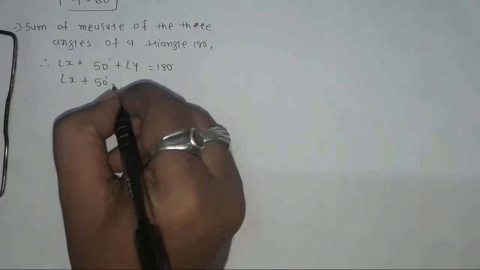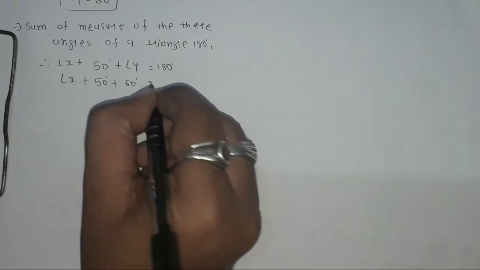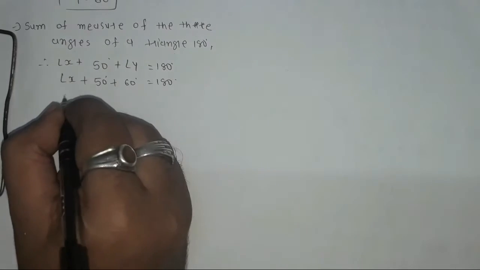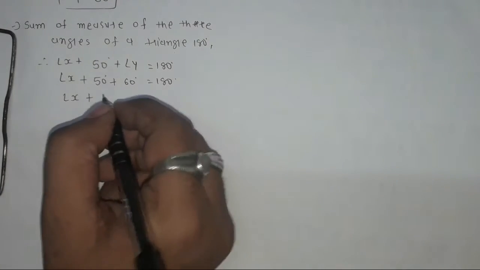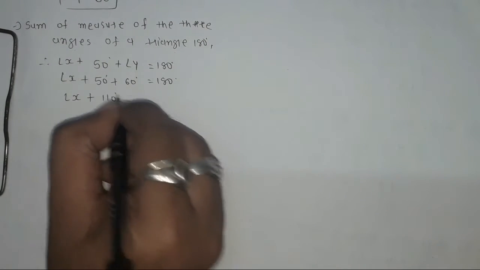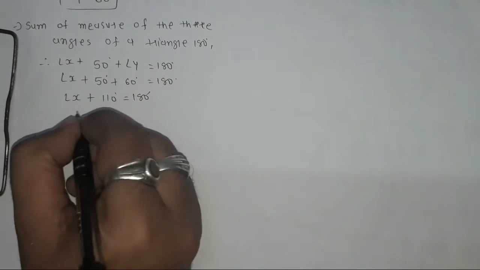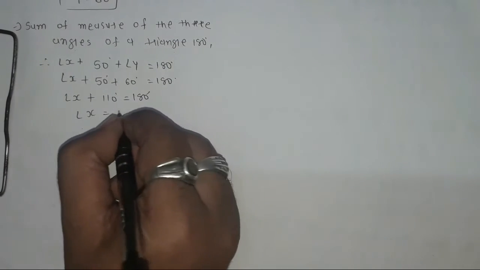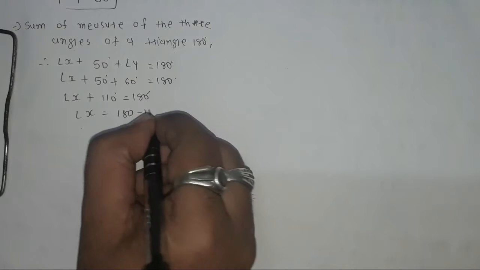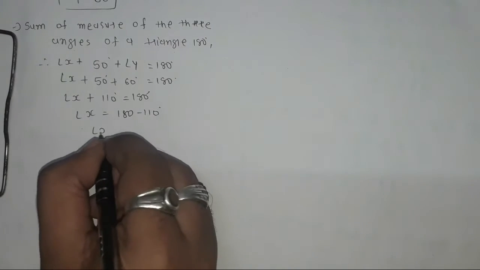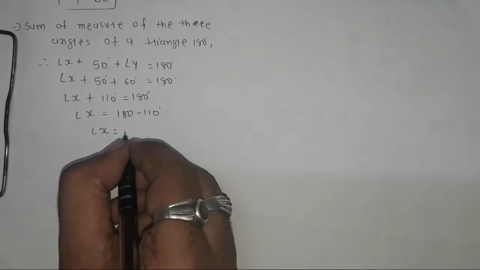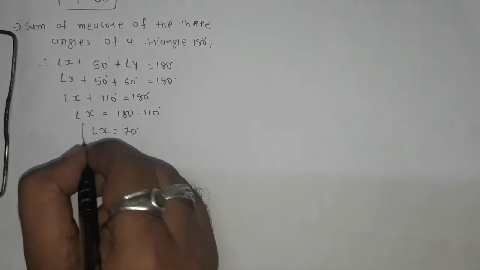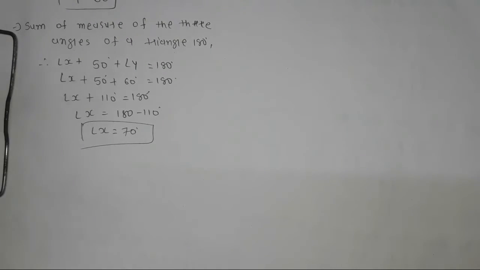Angle x plus 50 degrees plus 60 degrees is equal to 180 degrees. Now 50 plus 60 is 110 degrees, so angle x plus 110 degrees is equal to 180 degrees. Now angle x is equal to 180 minus 110, because if I change the side, positive 110 becomes negative. So I will get 70 degrees. So the value of angle x is 70 degrees.